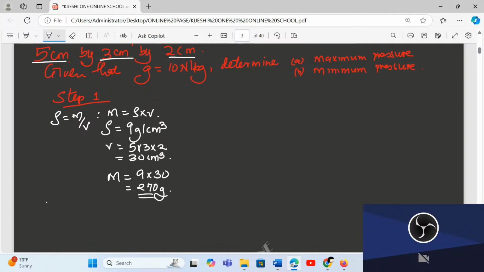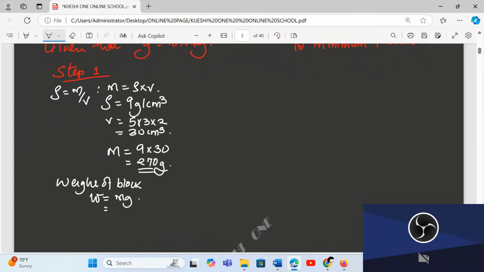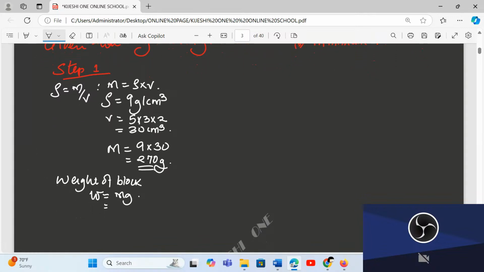Now from here we can get the weight. Weight of block. Weight is given by mg. We will be having 270 grams. You convert into kilograms.